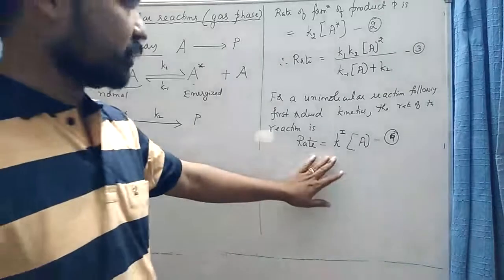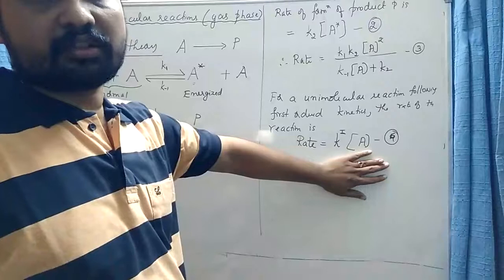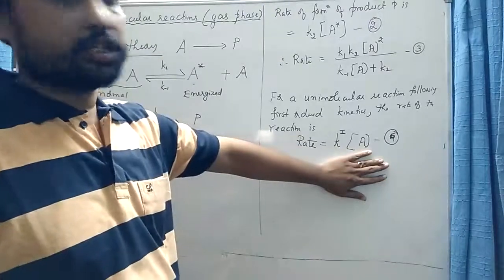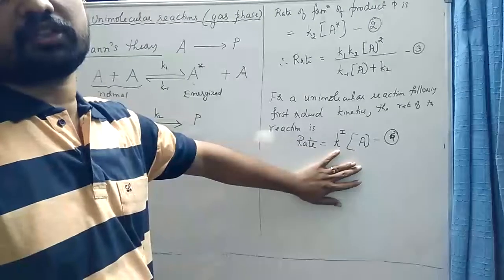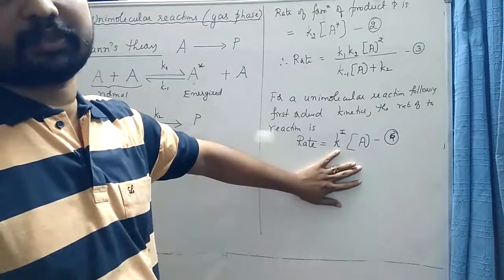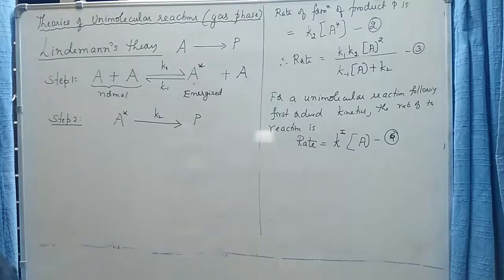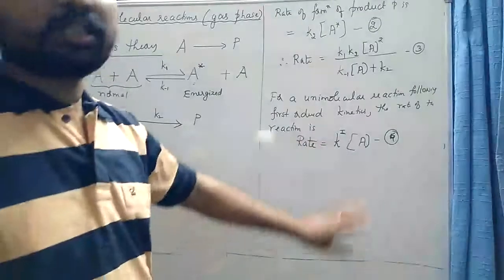So here, if this equation is correct, change in the concentration of A should not affect the first order rate constant. If it remains constant with respect to concentration, it means the reaction actually follows first order kinetics.